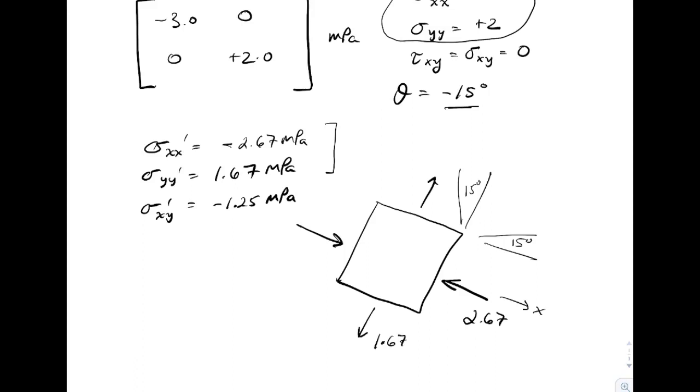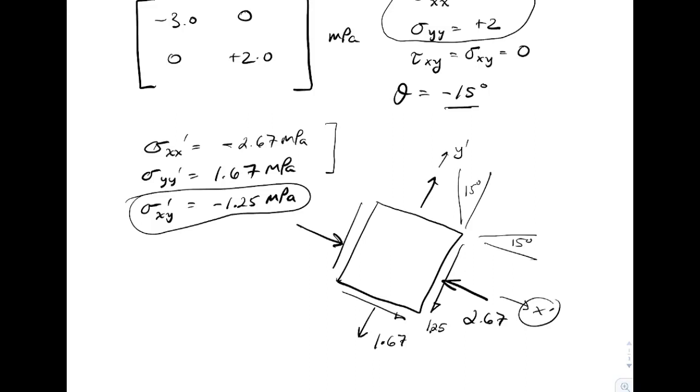And we have a shear stress. Sigma x prime y prime is a negative value, so I'm going to go on the positive x prime face, and I'm going to draw a shear stress in the negative y prime direction, and I'm going to call it 1.25.